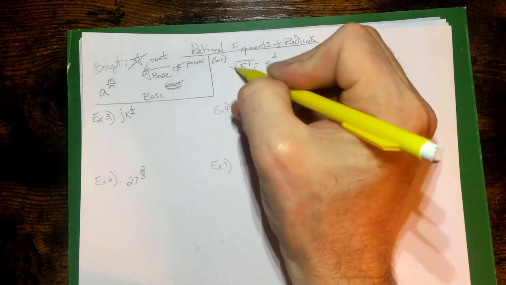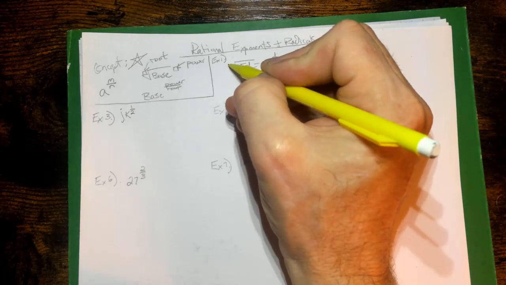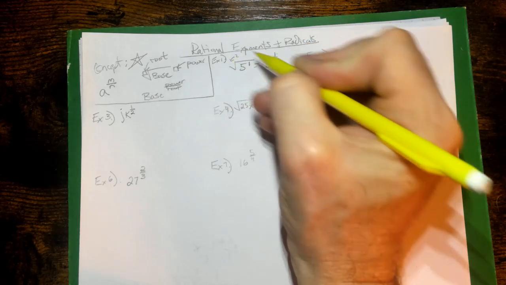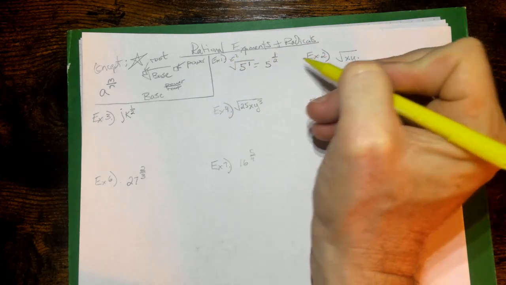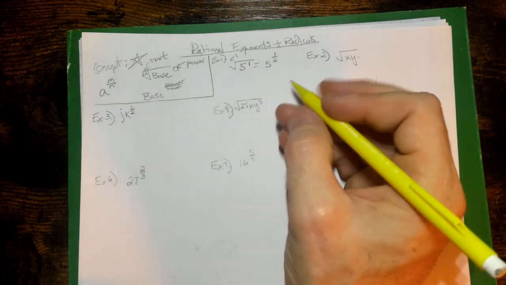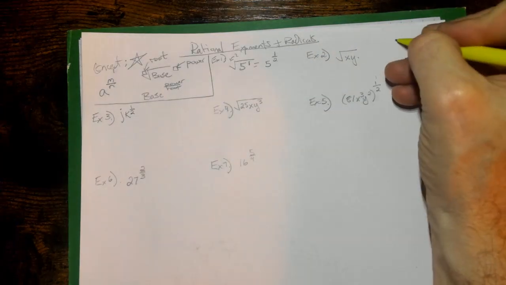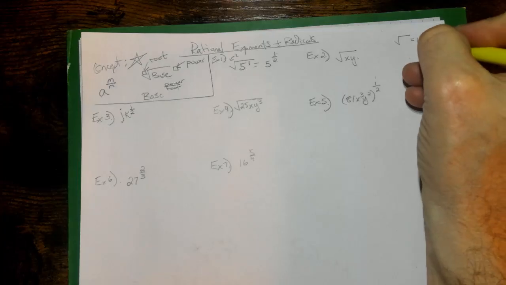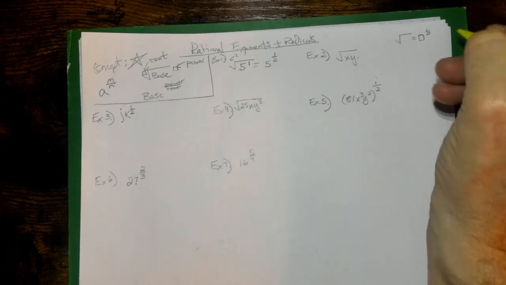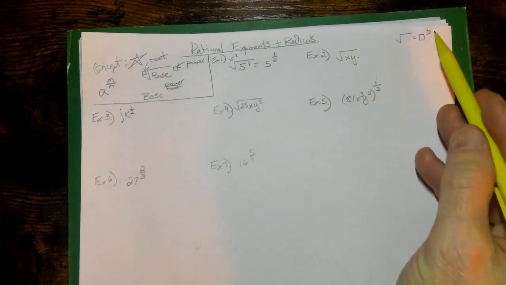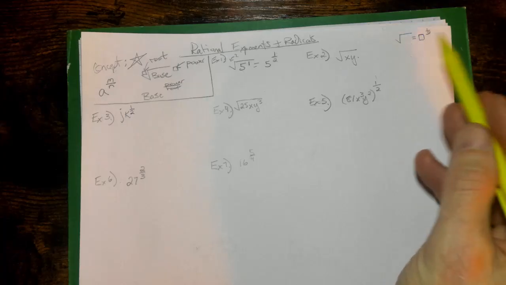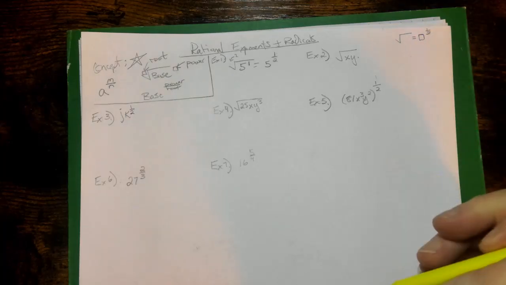Since this root symbol has an implied 2 when there is no number there, the denominator is 2. So anytime you see the square root symbol, it means something to the 1/2 power. That's really what it means. Some value, it could be x, could be anything, but it means something to the 1/2 power.